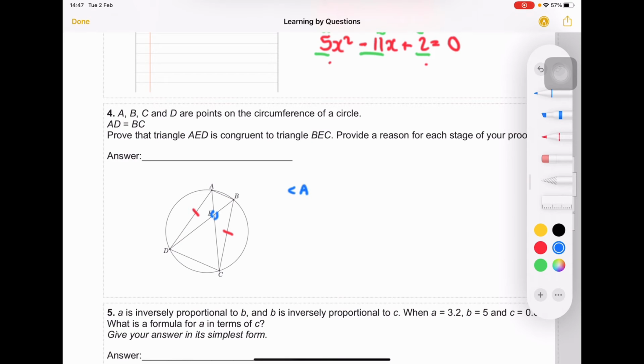So angle AED equals angle BEC because they are vertically opposite angles. Well, we already know that AD is the same as BC.